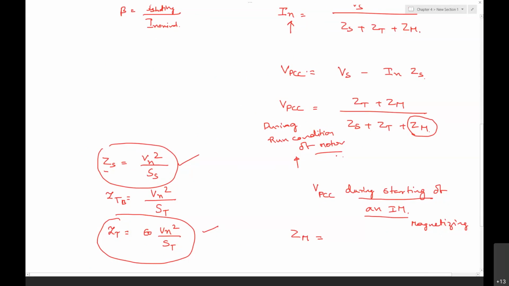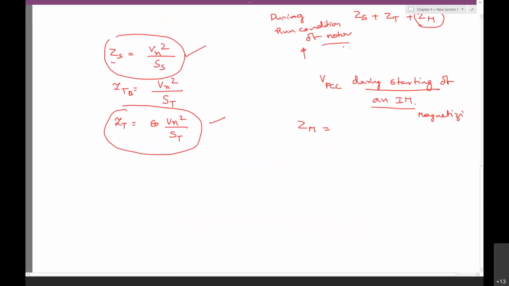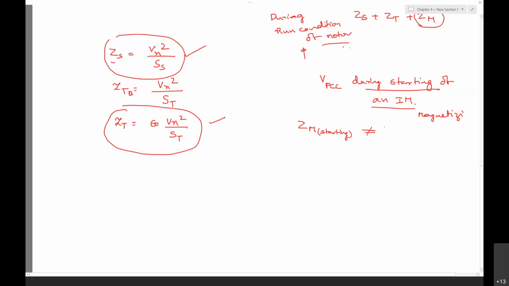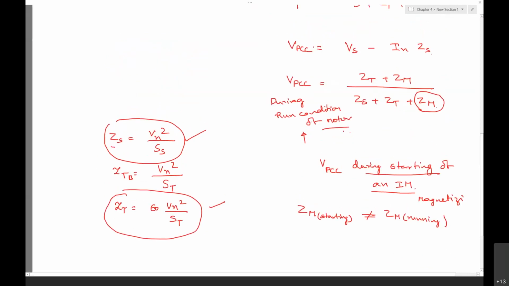In that case, the motor impedance during starting is not equal to the motor impedance during running conditions.